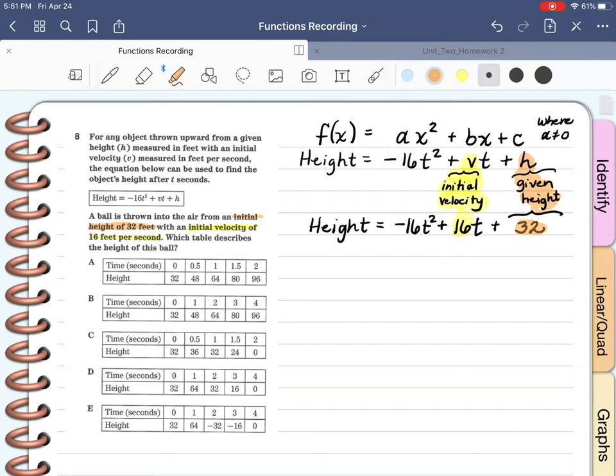So this is looking much more like what I'm used to. I'm just going to write it in function notation. So the height of the ball in terms of time is this function. Okay, that looks much more like what we're used to.